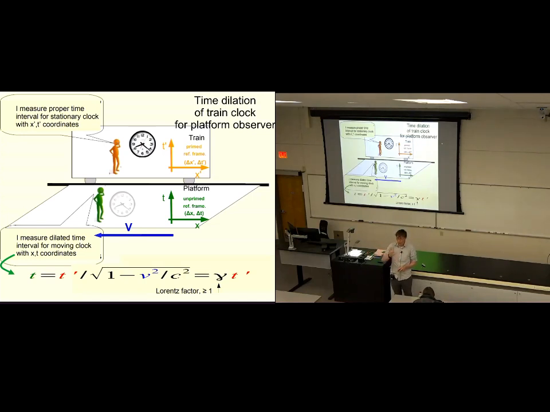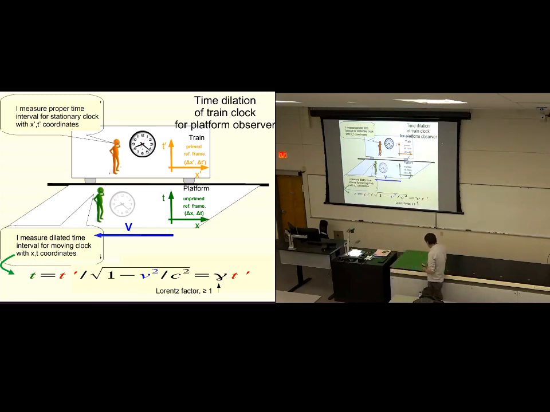It's a little bit bigger if v is not 0, if it's everyday velocities, just a tiny, tiny bit bigger. It can get really big if v is of the order of the speed of light. Then you can get much, much bigger than 1. So it's a number that's 1 or bigger that reflects the speed of the motion measured basically in units of the speed of light.